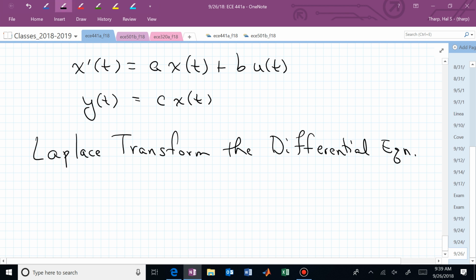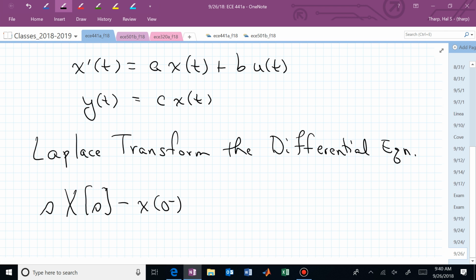So now we know that we're at least getting an s, capital X of s. And we want to keep track of the initial condition, found by subtracting x at time t equals 0 minus from the derivative of x of t's Laplace transform.